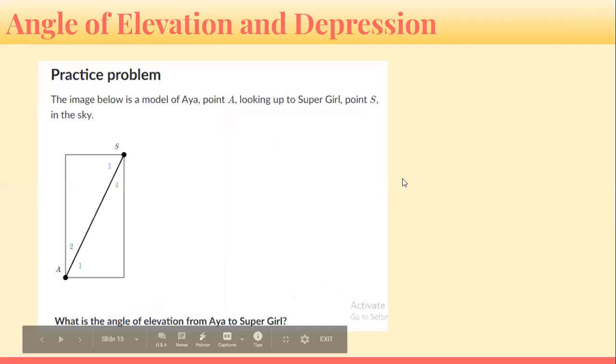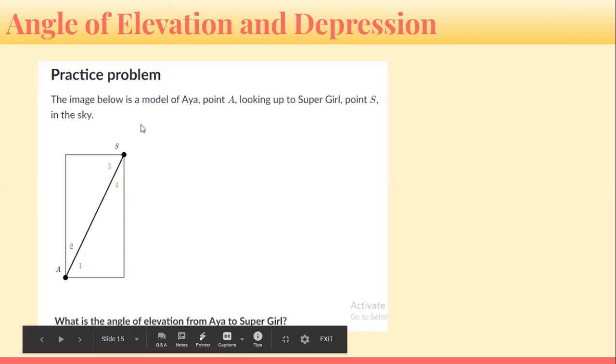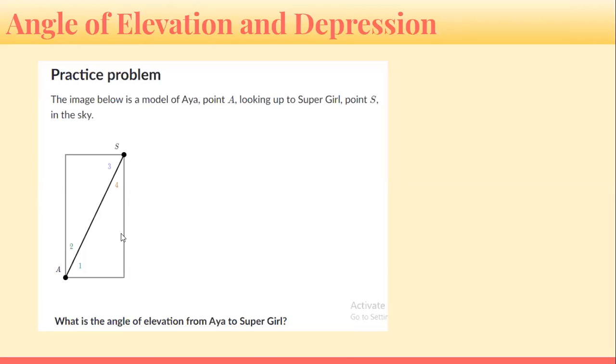I want you to take 2 minutes to do this problem and tell me what the angle of elevation is from Aya over here to the Supergirl. I want the angle of elevation, okay?